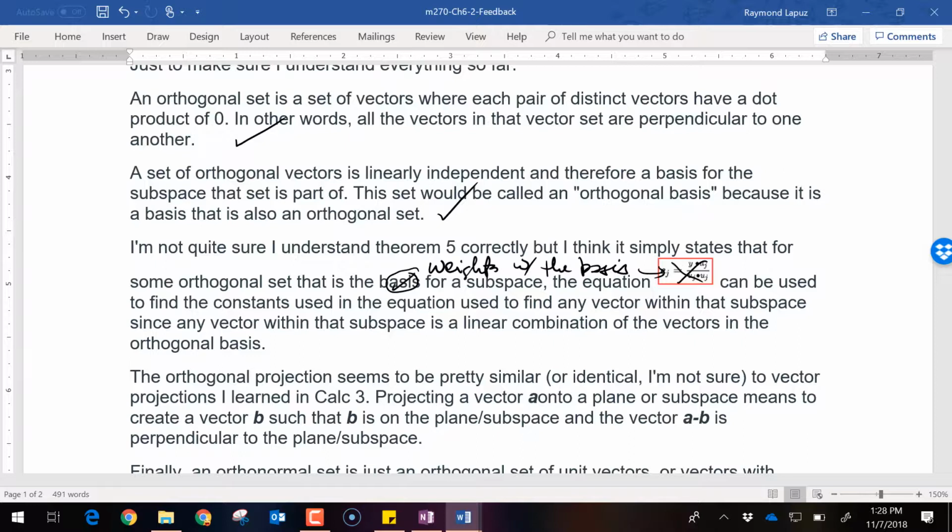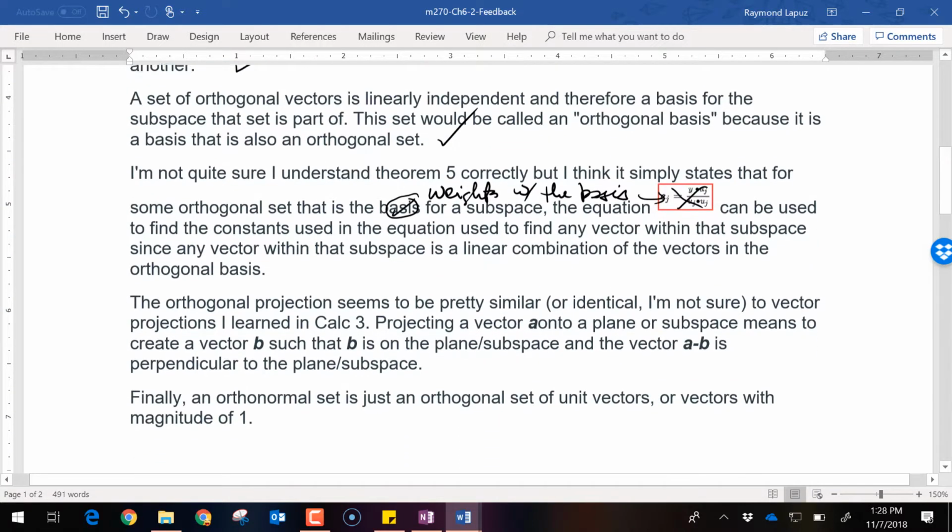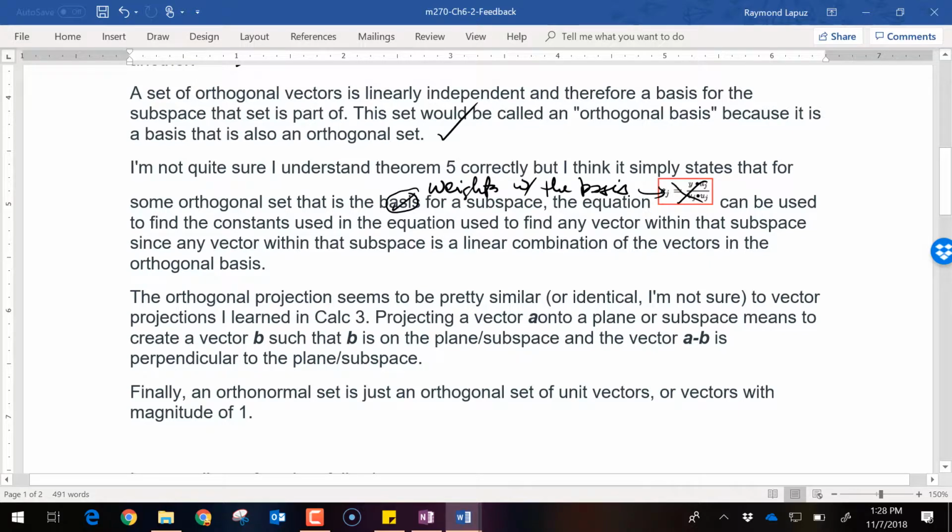The values for the weights really just tell you how far to go in the V1 direction, how far to go in the V2 direction, how far to go in the V3 direction, if it's in R3. Orthogonal projection seems pretty similar or identical to the vector projection from Calc 3. Projecting A onto a plane, a subspace, means creating a vector B. This is true for those who have taken Calc 3.